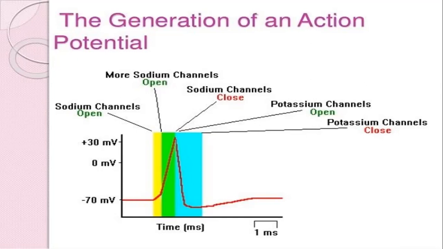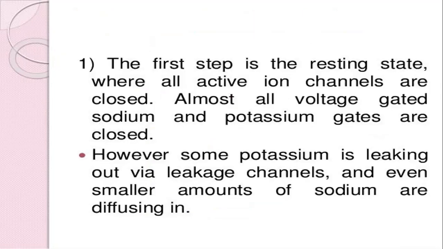Potassium channel opening follows a negative feedback mechanism cycle, and the sodium channels follow a positive feedback mechanism. The first state is the resting state, where all active ion channels are closed. Almost all voltage gated sodium channels and potassium channels are closed. Only the leaky channels are open.